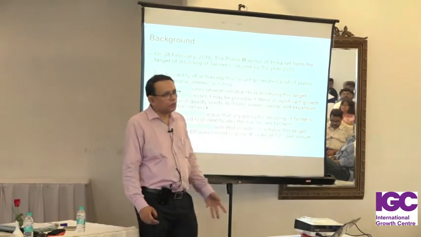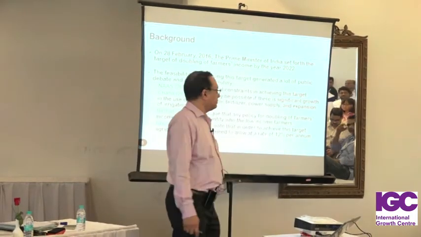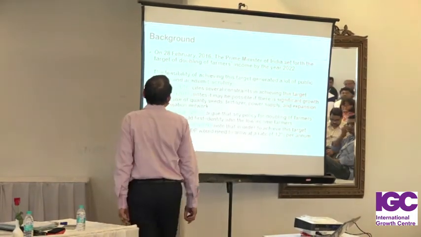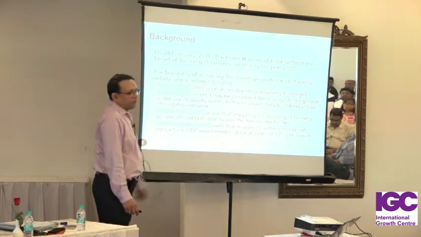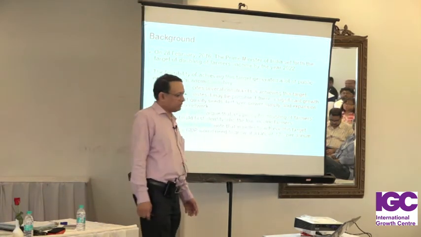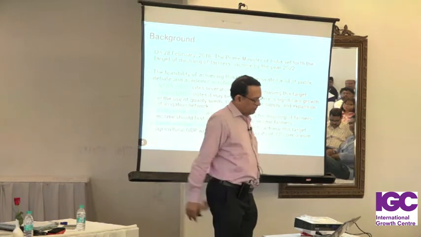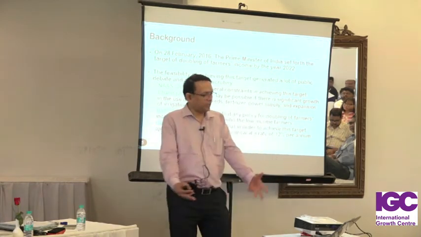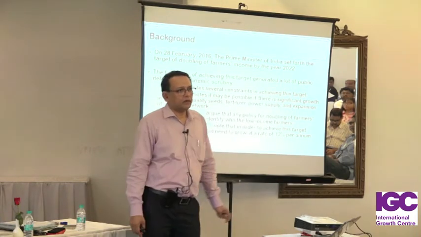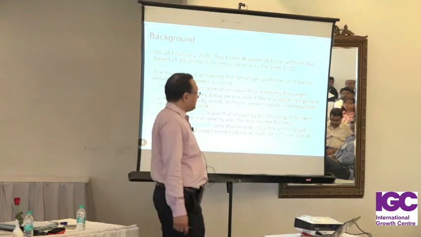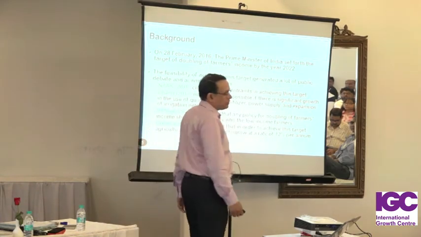Many of you would know, in fact all of you probably know, that on 28th February 2016 the Prime Minister set this target of doubling of farmers' income by the year 2022.